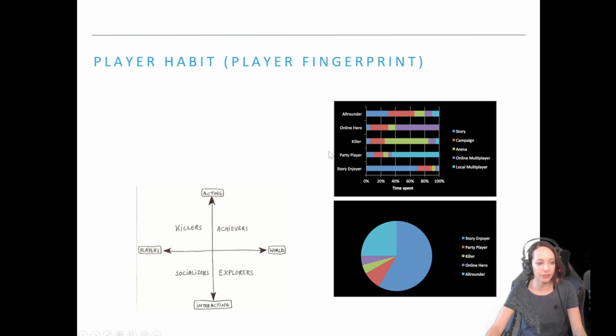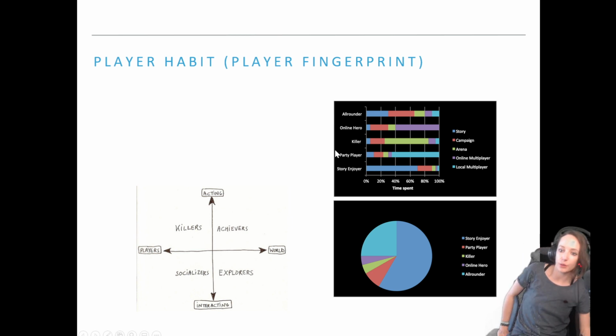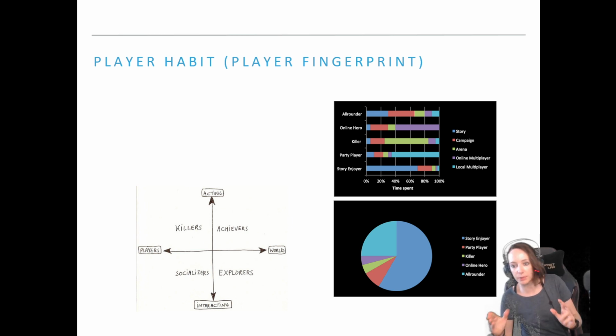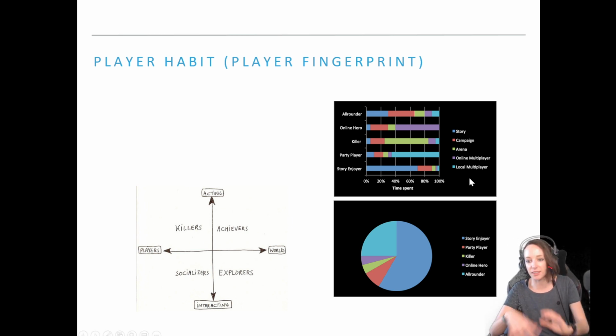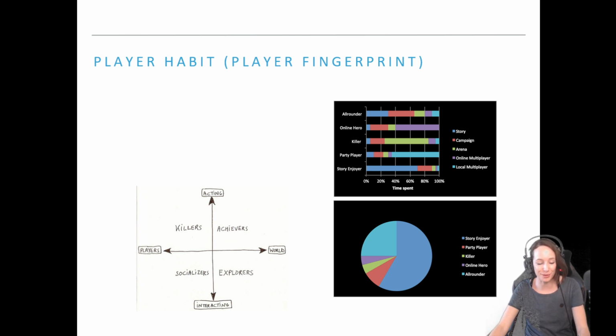So you can identify different players, and those player groups might be a little bit similar. If you just imagine you looked at 100 players and their interactions, it could be that 2 of those players are the story enjoyers, 80 of them are all-rounders, and then the others are somehow mixed. So it doesn't tell you anything about how many people are within a group, but this is in general how you can split or cluster your players into groups.